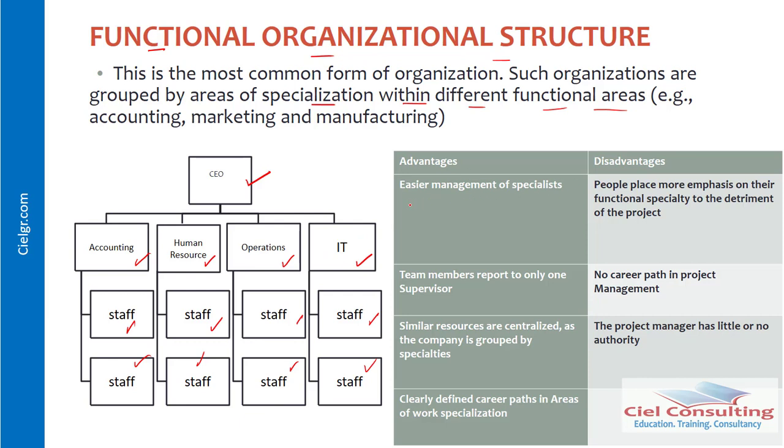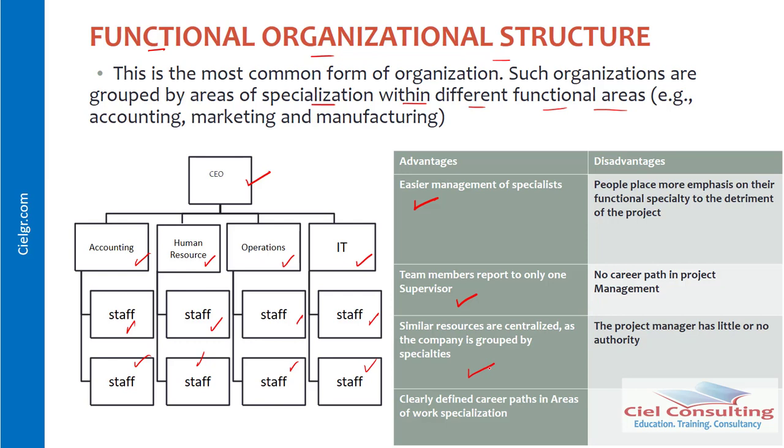One of the major advantages of running a functional organizational structure is, one, it is easier to manage specialists. Remember, people here are grouped according to their areas of specialization, so it becomes easier to manage them. Also, team members report to only one supervisor. You don't have the confusion of, do I report to the project manager or do I report to my functional manager?